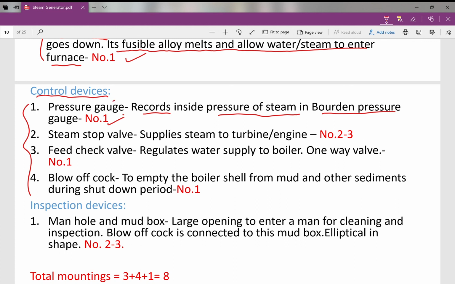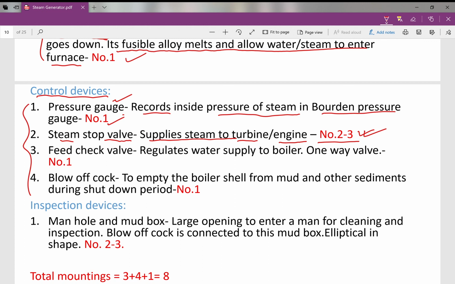Again, it is located at the top, since the steam is accumulated in the top inside the boiler. The second one is the steam stop valve, just to supply steam from the boiler to the turbine or engine. So the number could be 2 to 3, depending upon the requirement of steam.